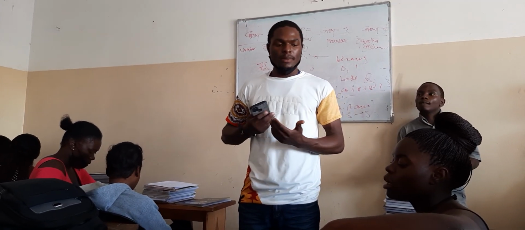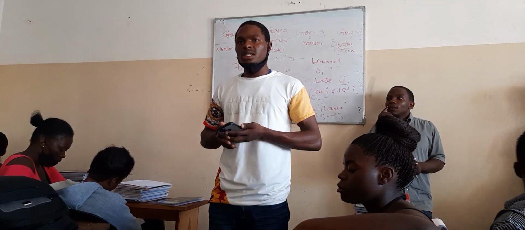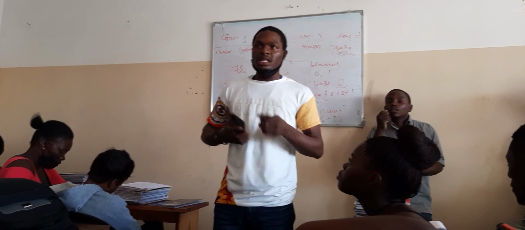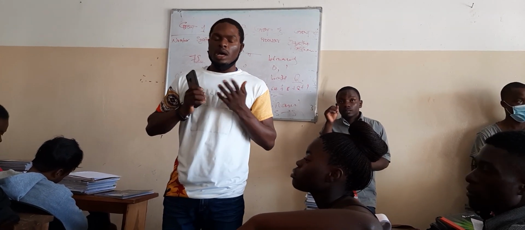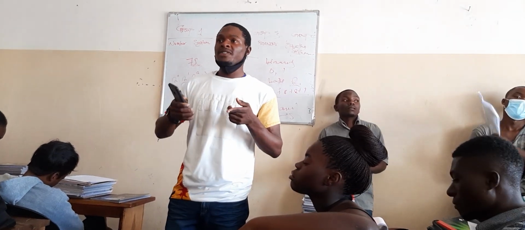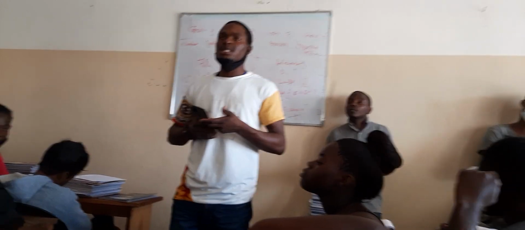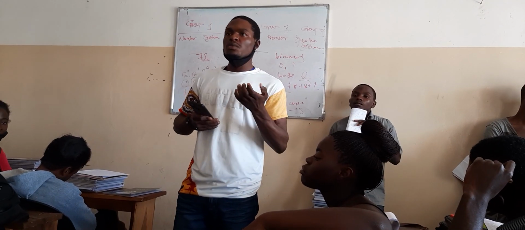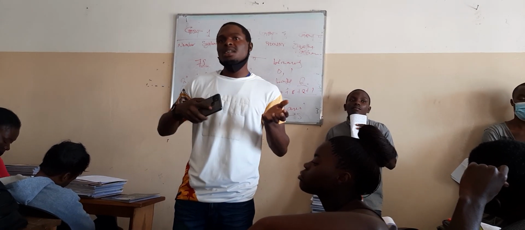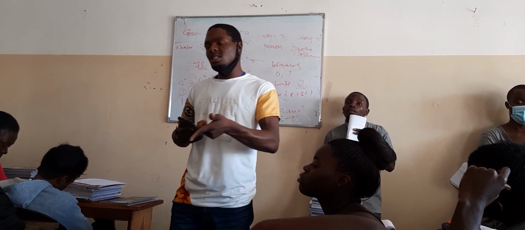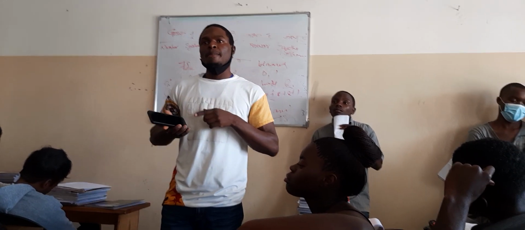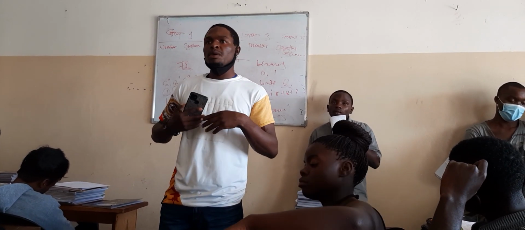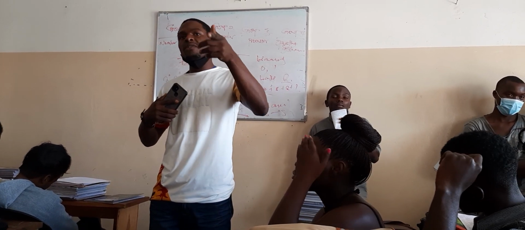Are we understanding? Yes. And the other one is internet security. Internet security is the restriction and protection of your internet or online activities, such as bank transactions or any other forms of transactions, from unauthorized people such as hackers, people you don't know, people who know your details and information about you.